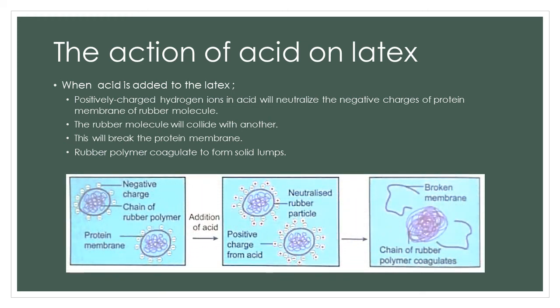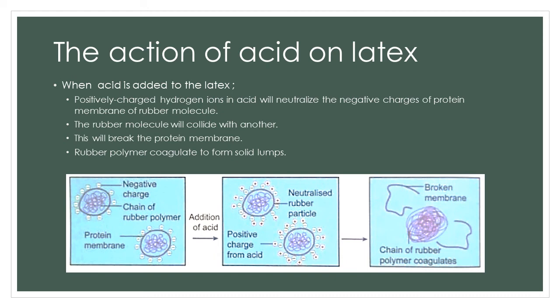Okay, look at the diagram. The original protein membrane has a negative charge, so both are negative and they repel each other. But when you add acid, the acid has hydrogen ions, which are a positive charge.